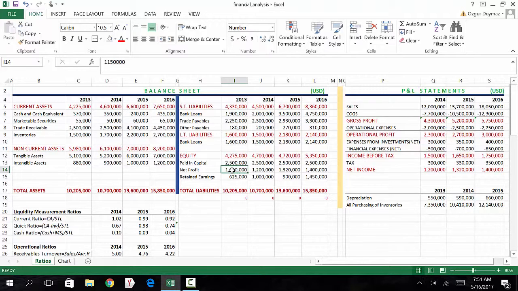Despite almost $5 million cumulative income, retained earnings of the year 2016 are $1,045,000. The company could have used its income to finance its deficit and investment rather than distributing it to shareholders. It should have improved its collection method and sales strategy as well. Thank you for listening.